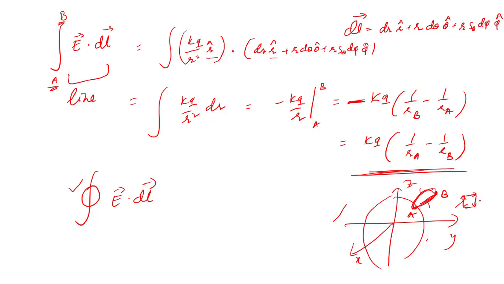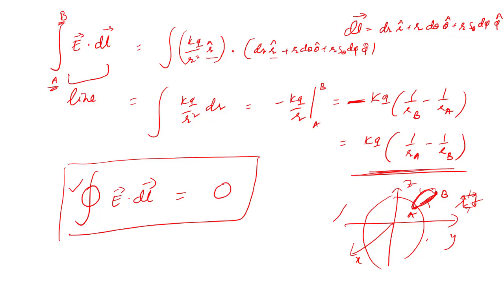So these two segments cancel out and these two segments cancel out, right? So E dot dl over a loop is essentially 0.